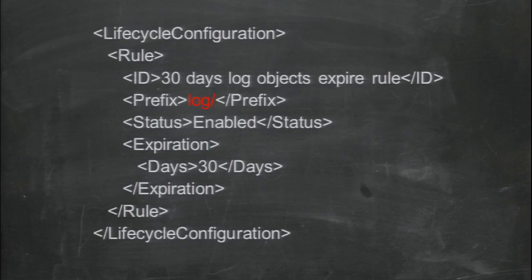It just has names. So if you said log and then you put something in your bucket that just started with the word log, like logger.jpg, that object would be affected by this rule. So it's important to put the slash. The other key piece of information you have to tell S3 is how long you want these objects to stick around for. In this case, we're saying 30 days.